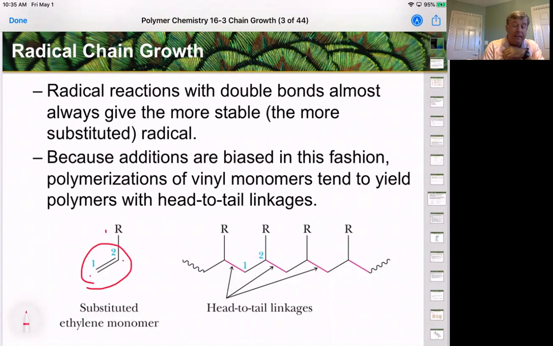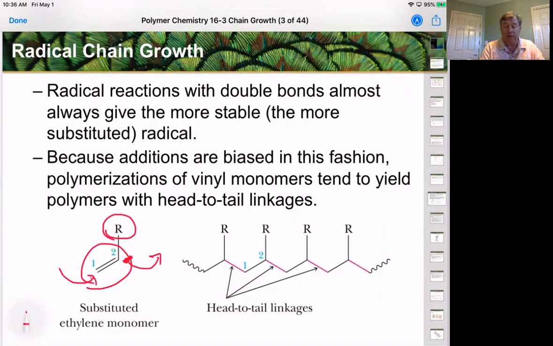But with any substitution here, a chlorine, a methyl group, a styrene, any type of substitution, this radical becomes more stable than this radical here. Therefore, the incoming radical will always react at the least substituted side, generating our new radical here.